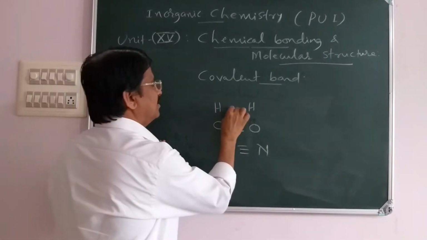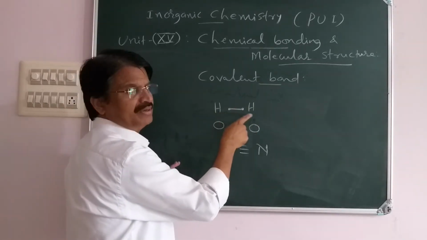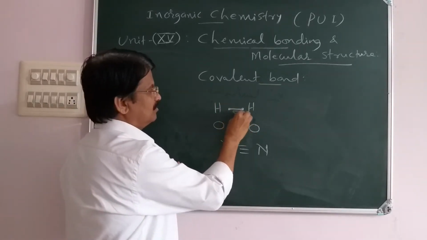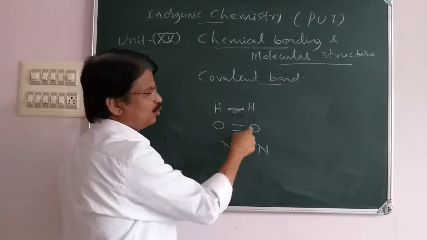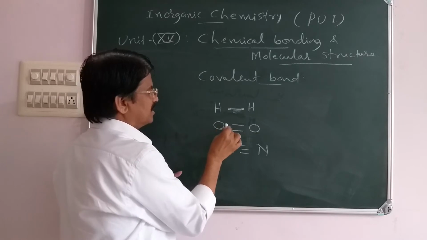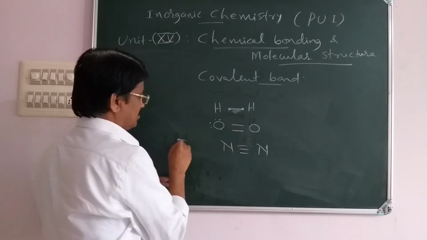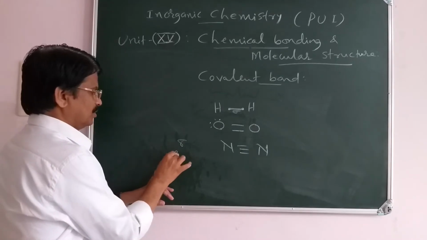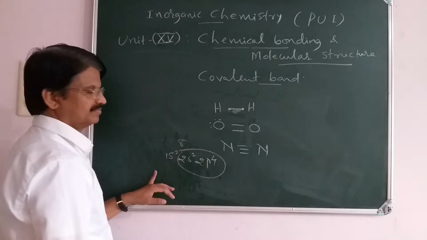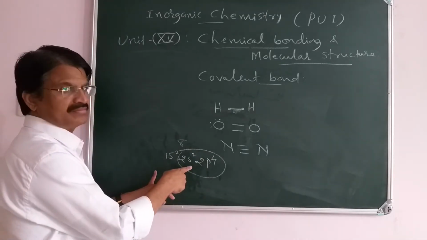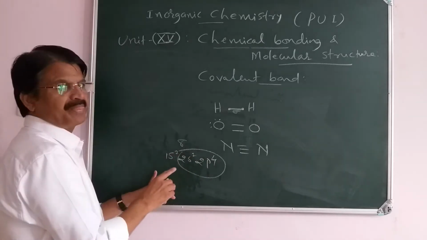If one valence electron combines with another, they can form a sigma covalent bond, meaning 1 covalent bond. Then between 2 oxygens, total valence electrons: atom number 8, 1s2, 2s2, 2p4. 4 plus 2, 6 plus 2, 8.